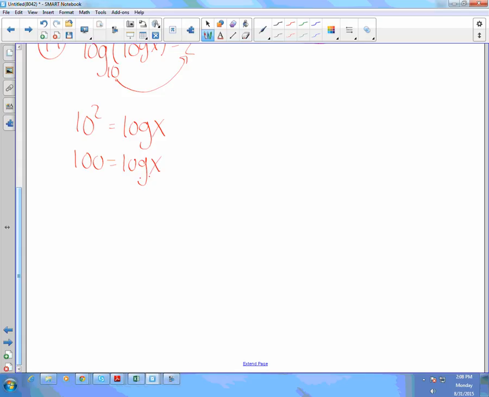What's this base? 10. So the base raised to this guy, 10 to the 100 equals what? x. A zero? Oh, I don't know. Maybe. Yeah, I'm not getting one of this number, so we'll just write this. This is the exact value, even though it's not simplified.